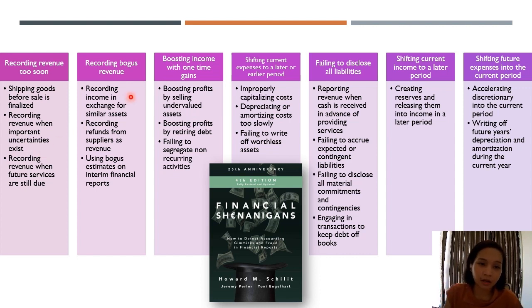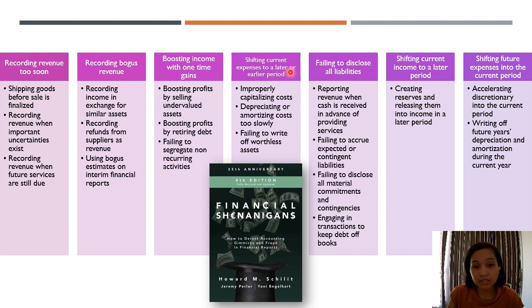Second is recording bogus revenue: recording income in exchange for similar assets, recording refunds from suppliers as revenue, using bogus estimates as interim financial income. Third is boosting income with one-time gains: boosting profits by selling undervalued assets, boosting profits by retiring debt, failing to segregate non-recurring activities.